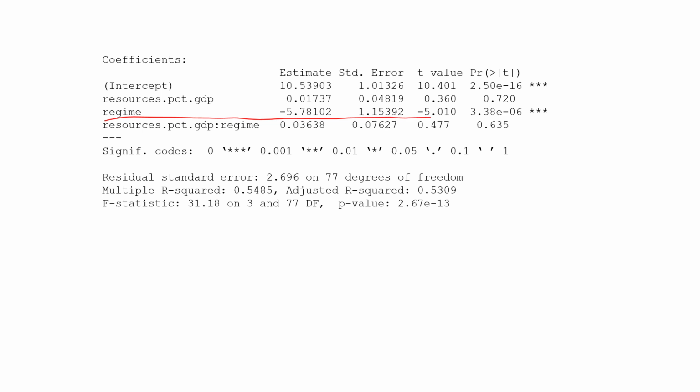The coefficient for our third term is now interpreted as we move from autocracy to democracy for countries with 0% resources as a percentage of GDP, the estimated average corruption decreases by 5.8 index points.